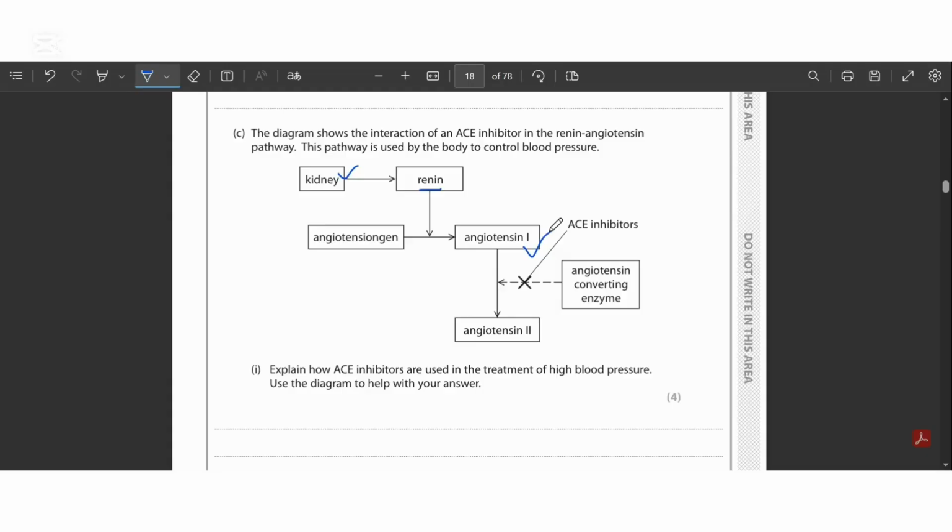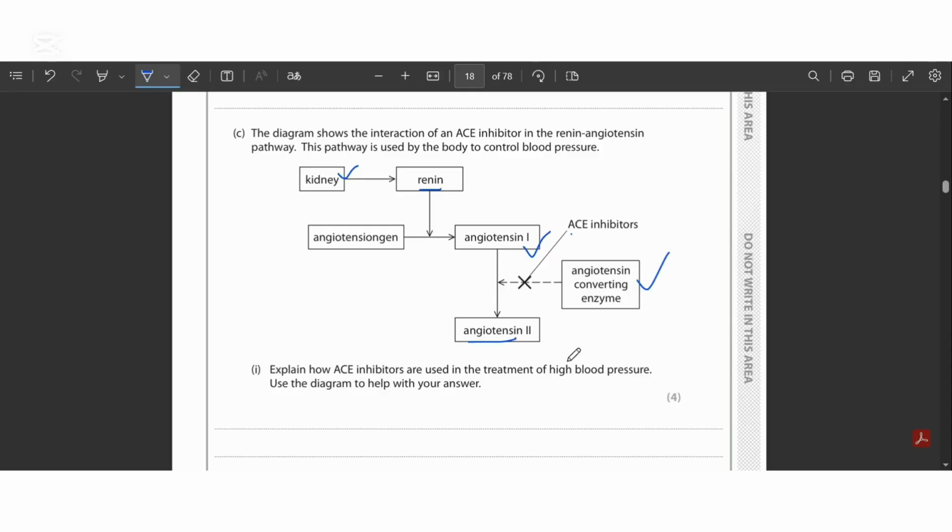Angiotensin I is going to be converted into angiotensin II by the enzyme angiotensin converting enzyme. So here is an interference in the enzyme activity of the enzyme catalyzed reaction. The interference is caused by the ACE inhibitors.